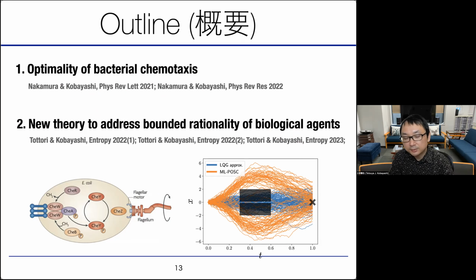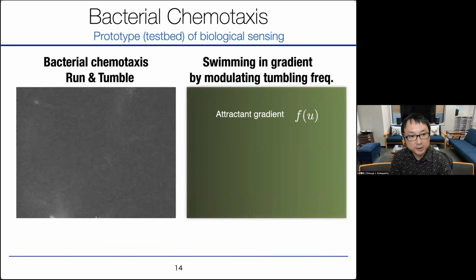Okay, let me start with this first one. In this first part, I'm going to look at the chemotaxis by E. coli. This is a movie of swimming E. coli cells. From this movie, we can see that we have two modes of swimming.